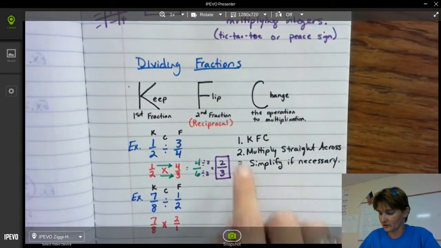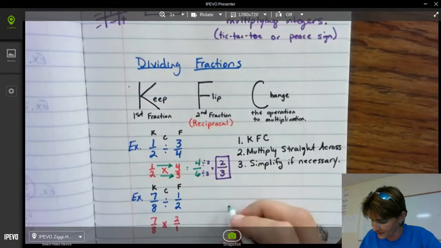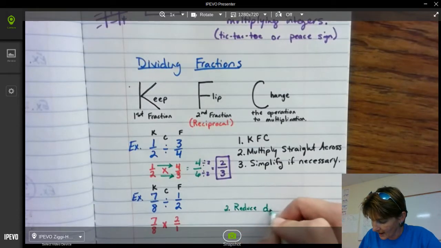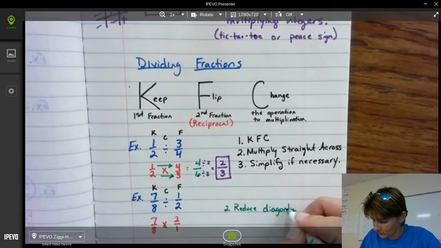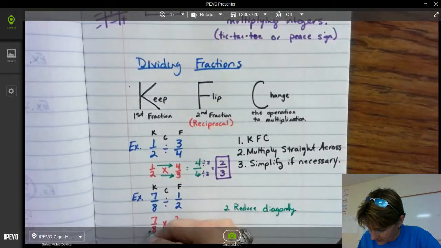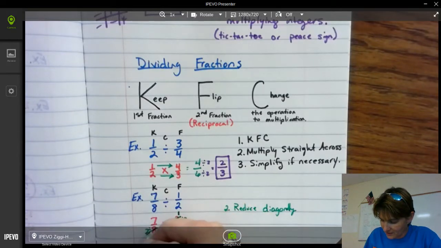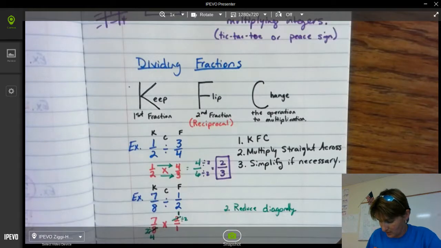The next thing that we do, second step, is to simply multiply straight across. But instead of multiplying straight across on this step number 2, we are going to reduce diagonally. Oops, I misspelled because I'm already thinking ahead. All right, so we're reducing 2 and 8 by a division of 2. 2 divided by 2 is 1. 8 divided by 2 is 4.